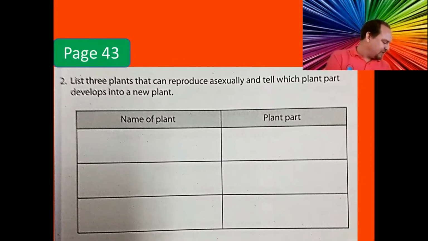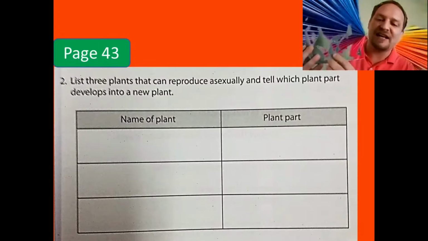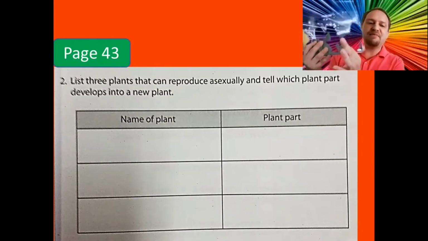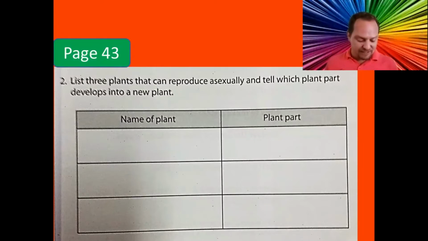On page 42 and 43, you can see 3 plants. We can see a potato, we can see a daffodil, and a long one, it says bryophyllum plant, which actually I see a lot of in Thailand. I'm not sure about the Thai name for this plant, okay? But guys, these are all 3 plants that can reproduce asexually.